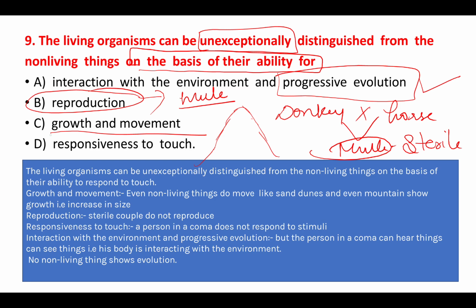Next, responsive to touch. For example, touchscreen mobiles and touchscreen laptops also respond to touch, right? So I cannot distinguish living things from non-living things by this character. But interaction with the environment and progressive evolution, yes, definitely. These are the characters by which living organisms can be unexceptionally distinguished from non-living things.